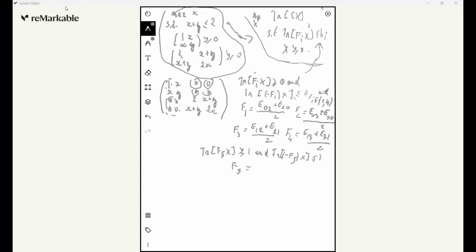So to create one we can just say f5 is equal to 0, 0.